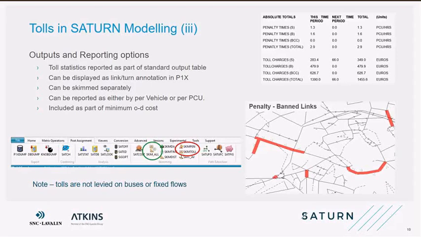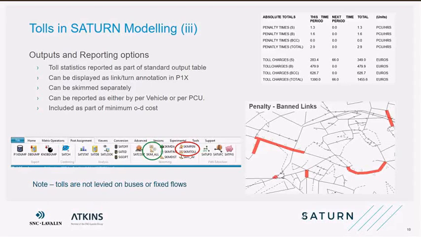You can also skim the tolls or the penalties, using either SKIMPEN or SKIMTOLL, or if you're using SKIMALL, that's the better option. One thing you would all be aware of is that tolls are not levied on buses or fixed flows, only on the user classes that are in the matrices.